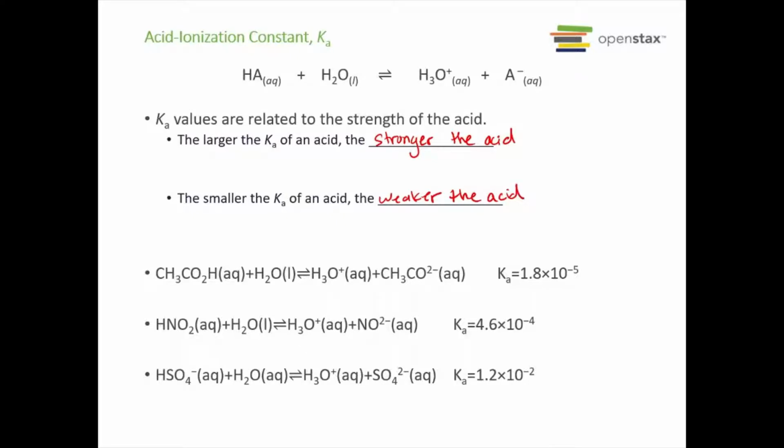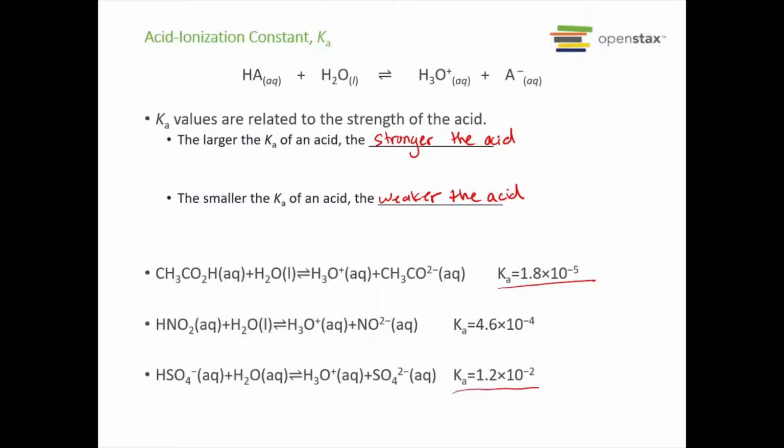So here's some examples showing you some different weak acids and their Kas. Something else to see here is the relative acid strength. If you have, for instance, the CH3CO2H in water, it has pretty low Ka, compared to HSO4 minus, which has a much higher Ka.